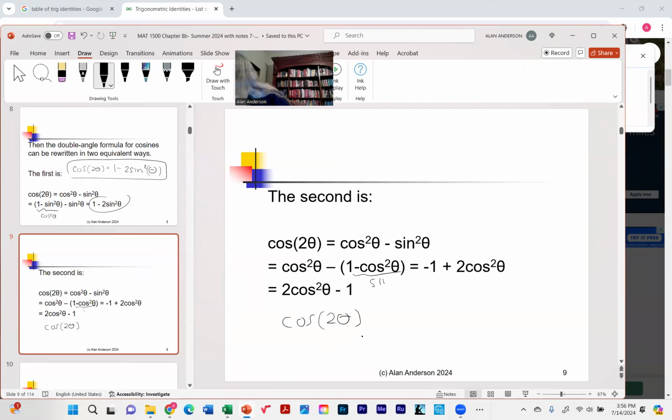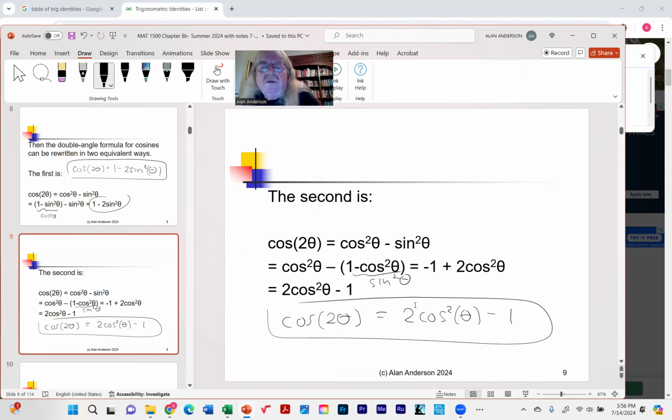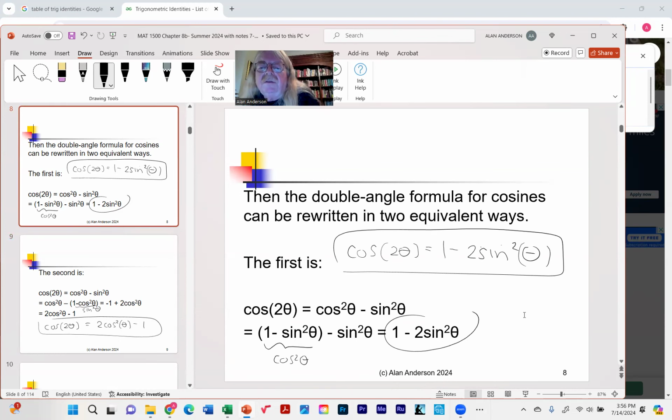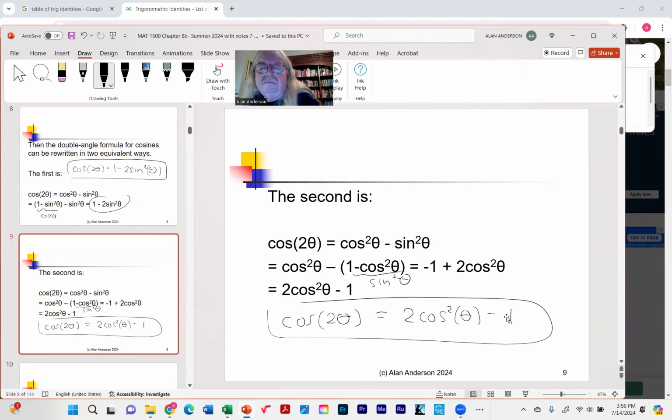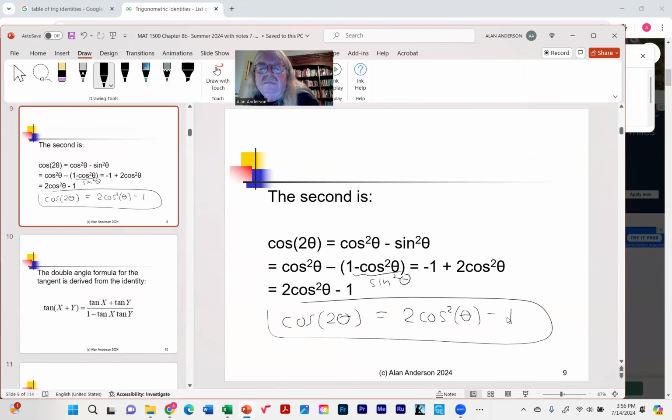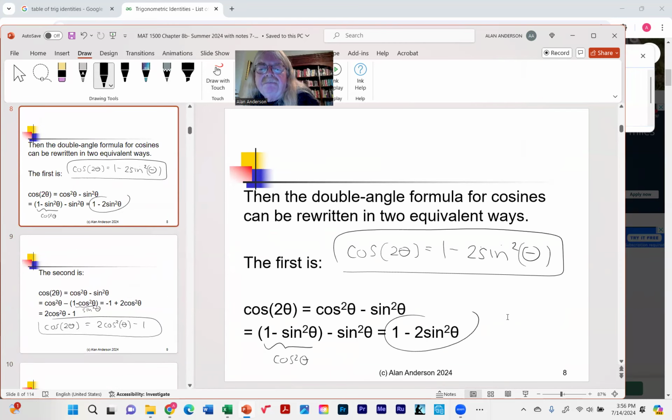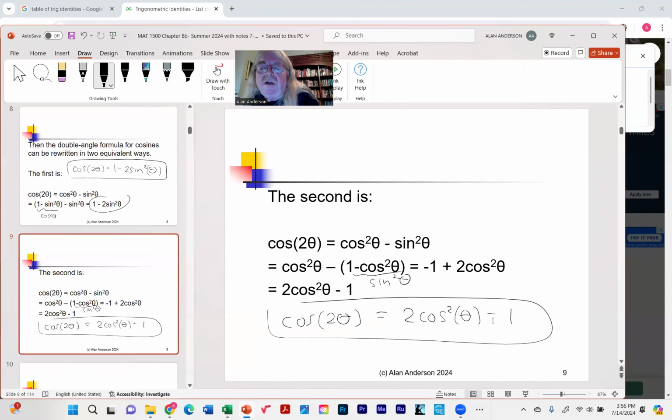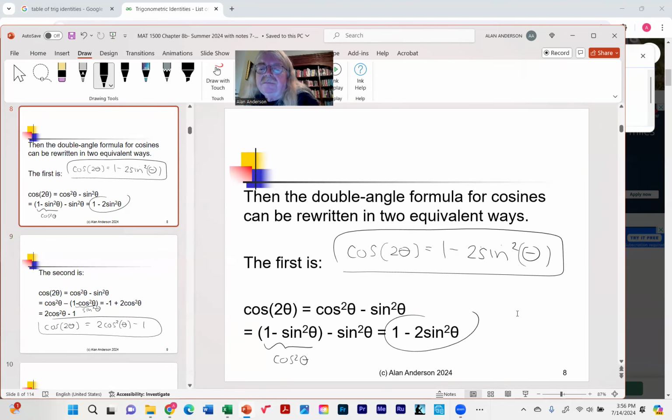This is the equivalent of sine squared of theta from the Pythagorean identity. And this is what we ultimately end up with. So those are two of our double angle formulas. You notice that we end up with two different results here, but they are obviously equivalent to each other.